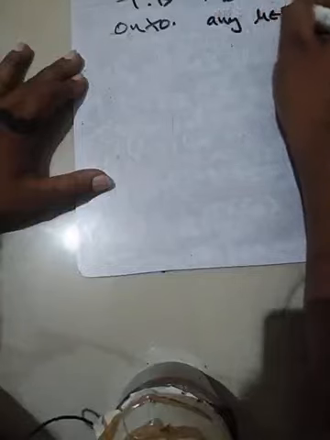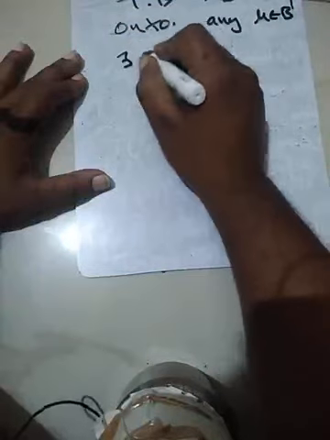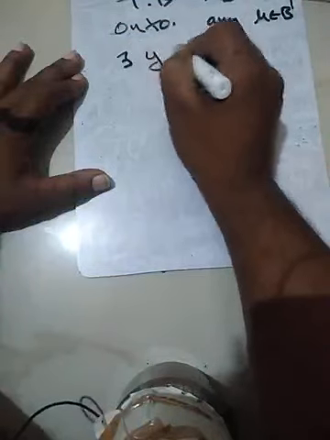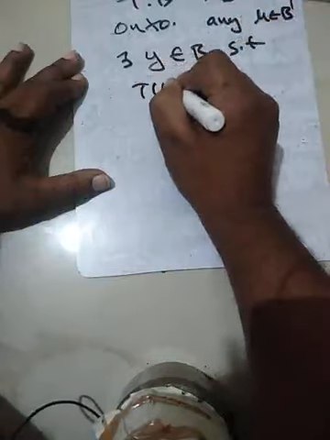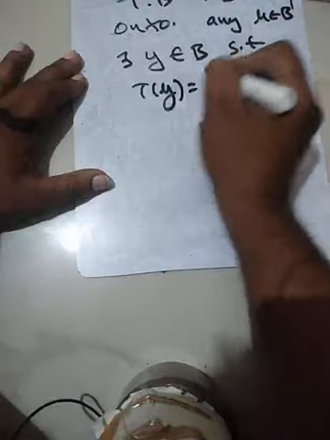So if you take any u belonging to B', then there exists a y belonging to B such that T of y is equal to u.